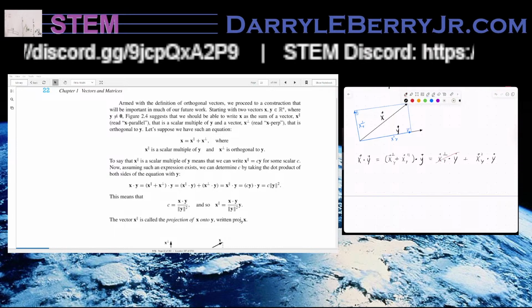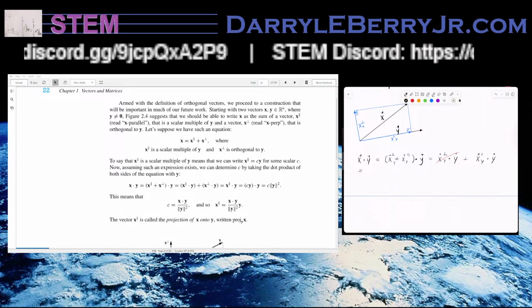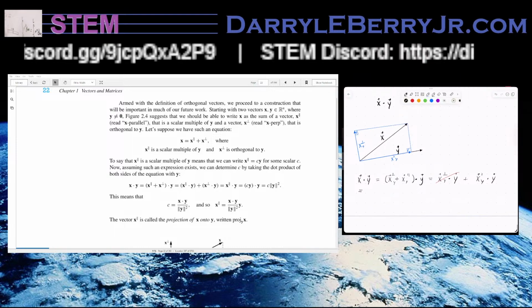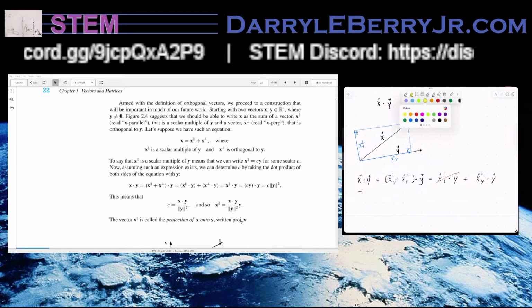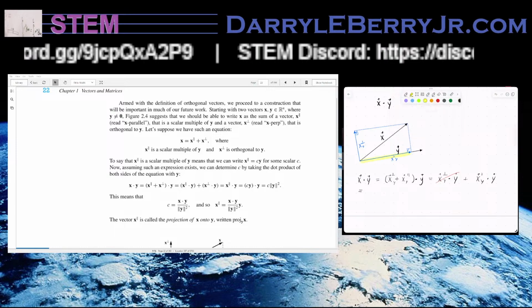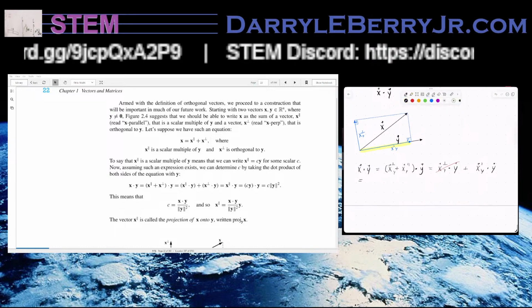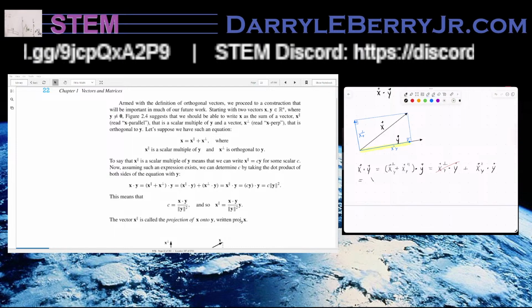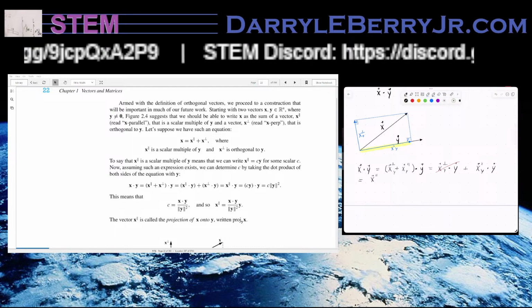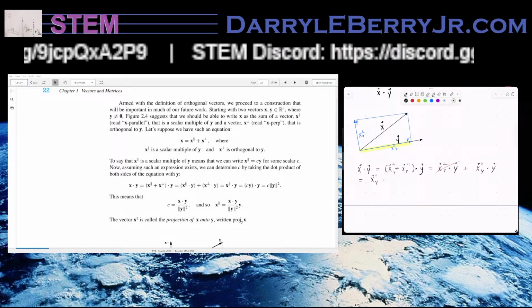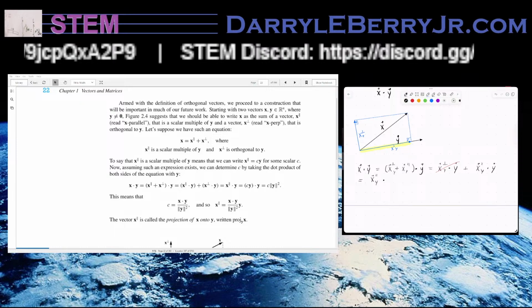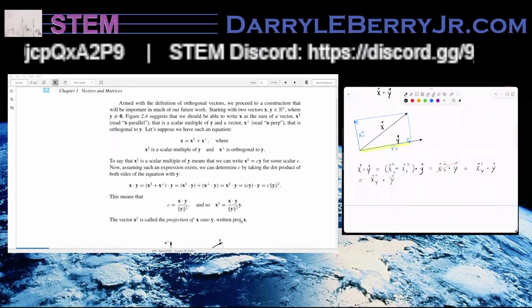So that means that the dot product really only looks at the parallel, the projection of one vector onto the other, and dot products those. So this is really just the parallel component of x onto y, dot product y.